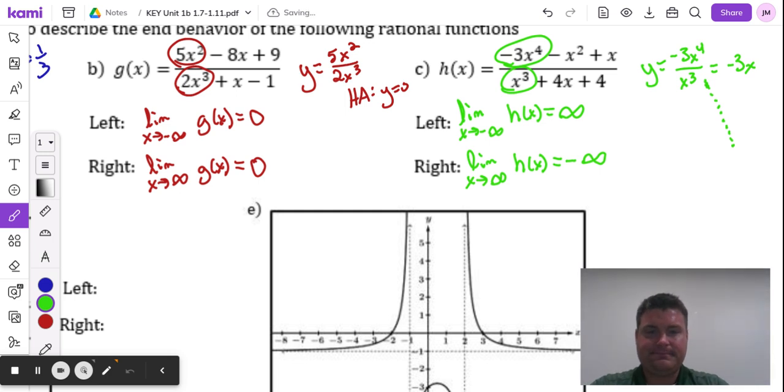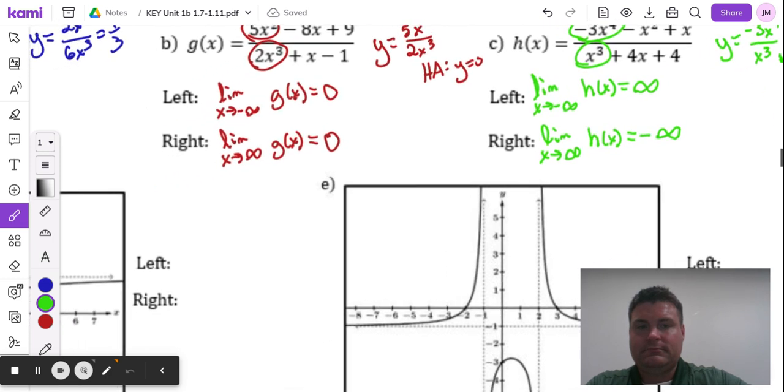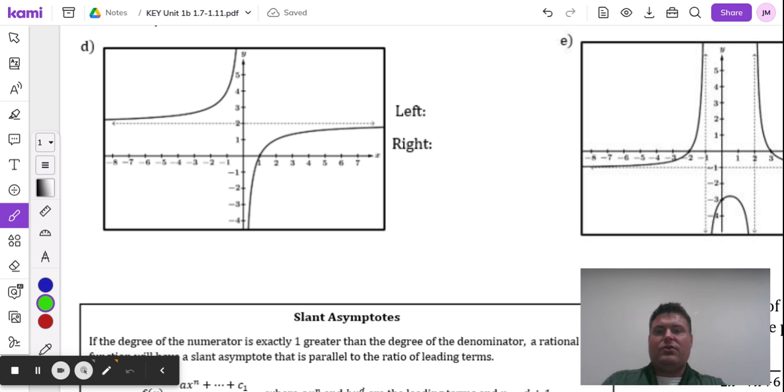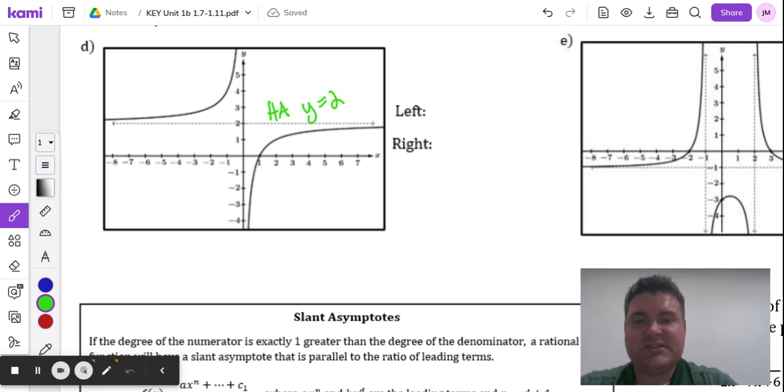Okay. Now, we have some graphs here. So let's look at these end behaviors. These are already graphed out rational functions for us. So if I'm looking at the end behavior, I have a horizontal asymptote here at y equals 2. Since the horizontal asymptote is y equals 2, my end behavior is the same on the right and the left, which is both going to be 2.